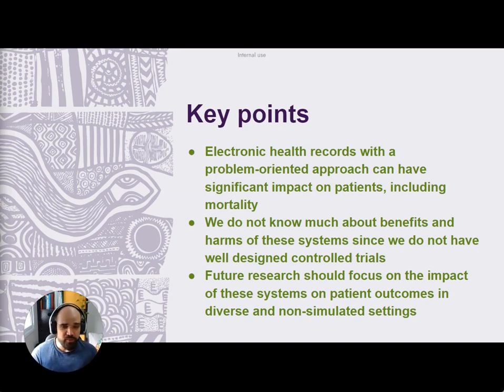We do not know much about benefits and harms of these systems since we do not have well-designed controlled trials. And future research should focus on the impact of these systems on patient outcomes in diverse and non-simulated settings.